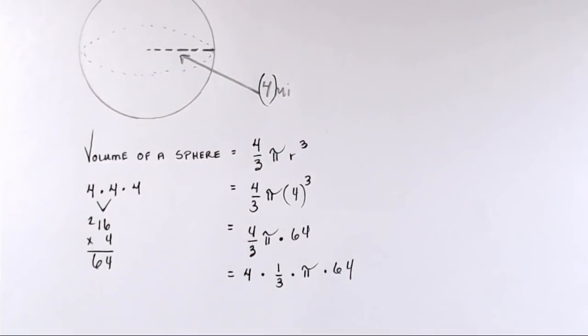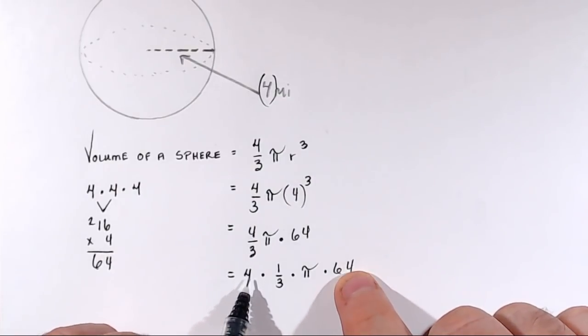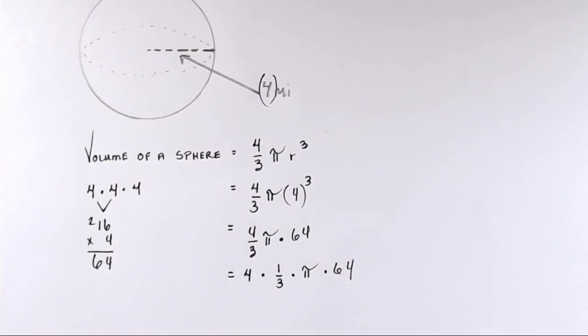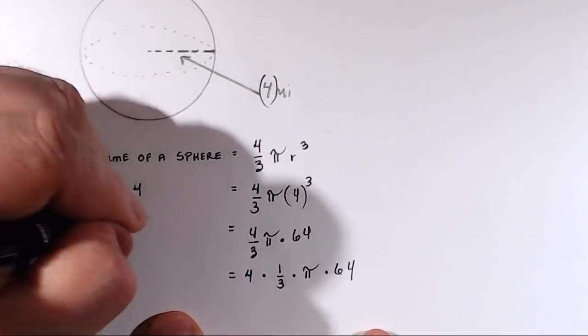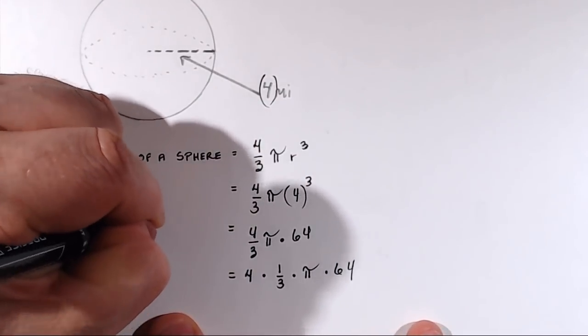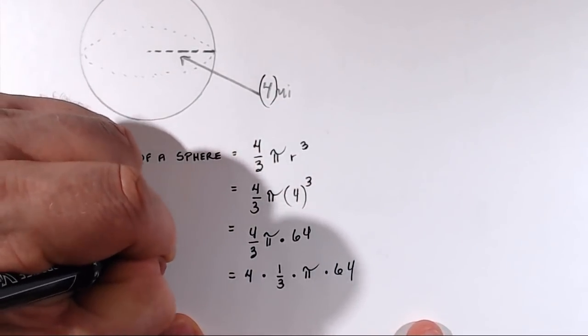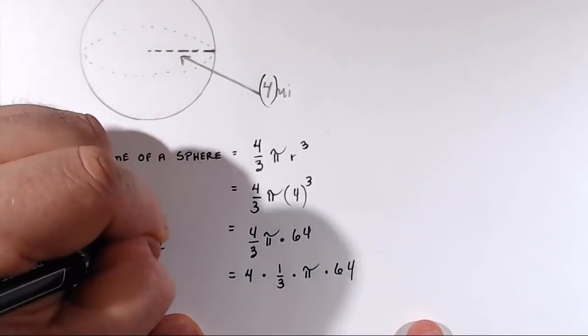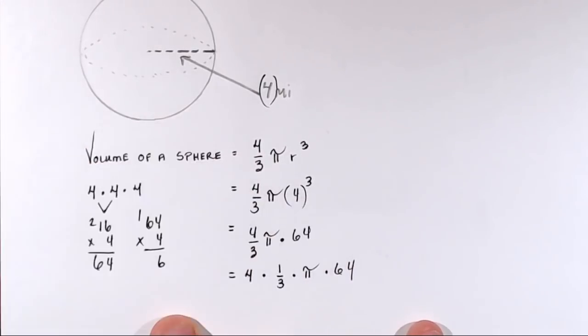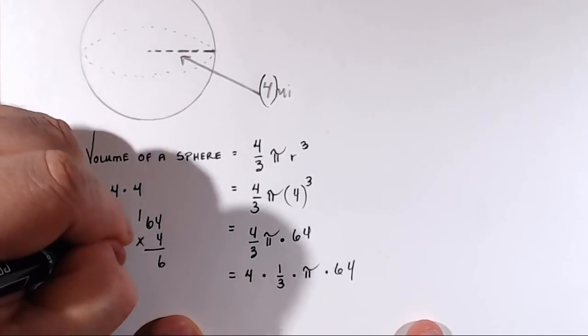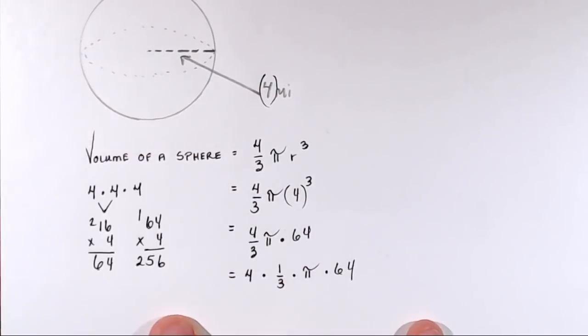And I've got to resolve this somehow. So first I'm going to multiply 4 times 64, and then I'll divide everything by 3. So what is 4 times 64? 4 times 4 is 16. 6 times 4 is 24, plus 1 is 25, 256.